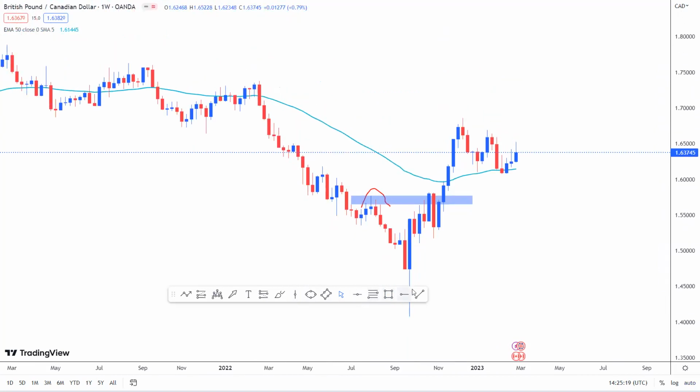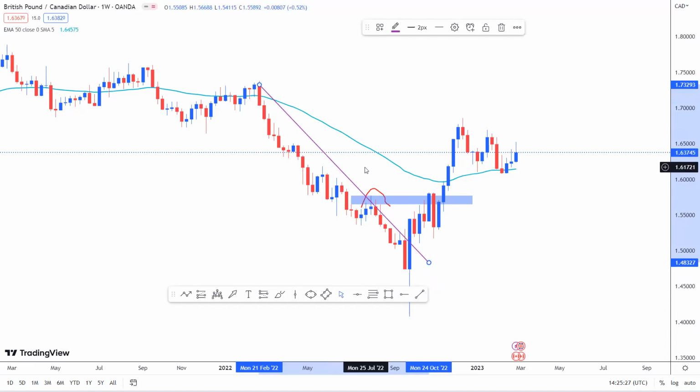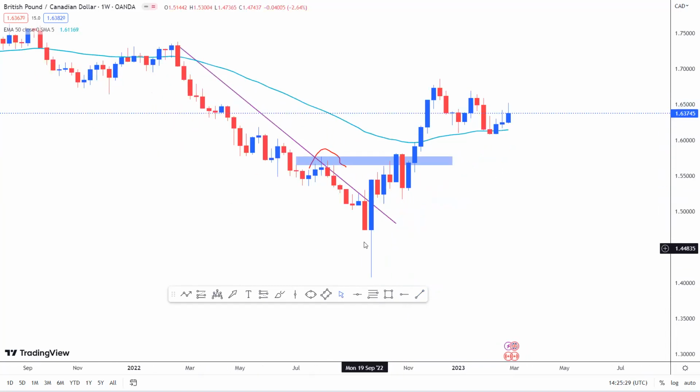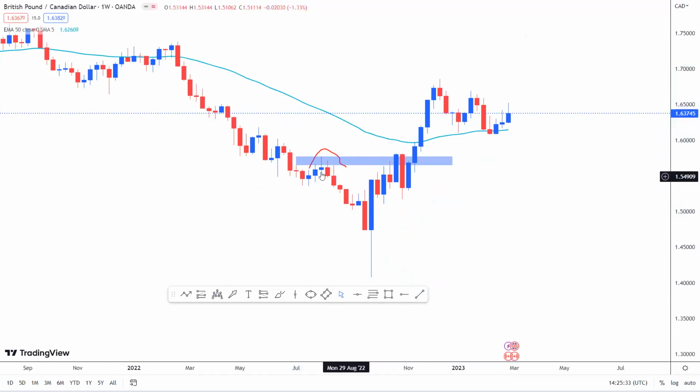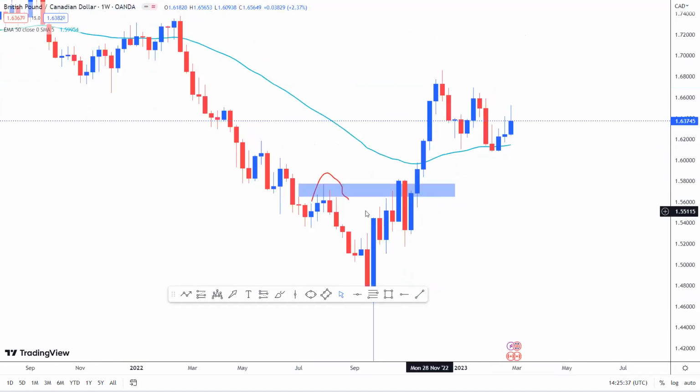Also, if you wish to go for more confirmations on that, you can bring in your trend lines. And then you can see very well, we've already broken out of this trend line. But then it's already very obvious the market structure has shifted from bearish to bullish.